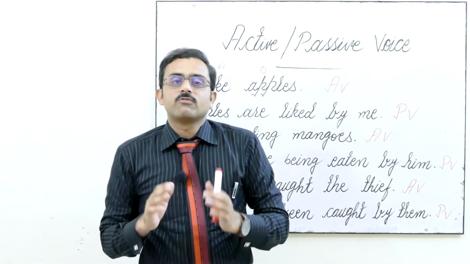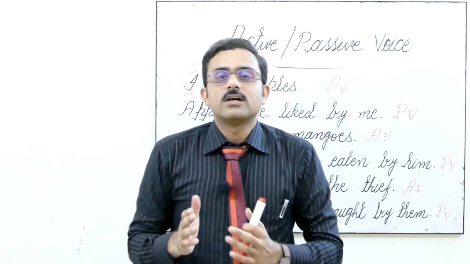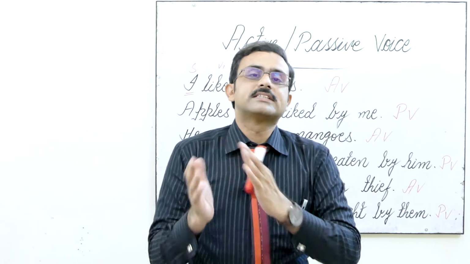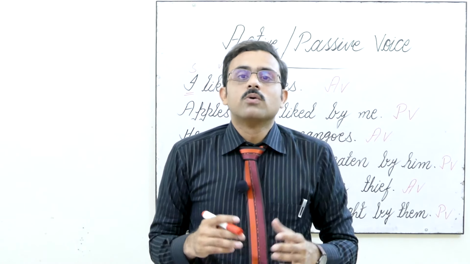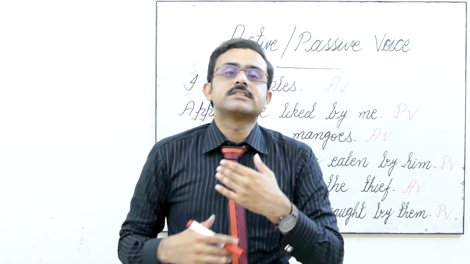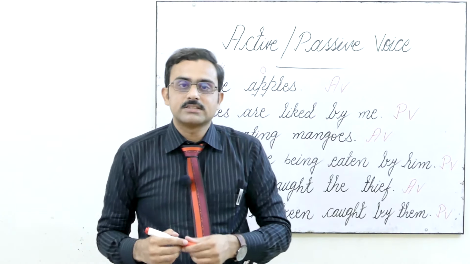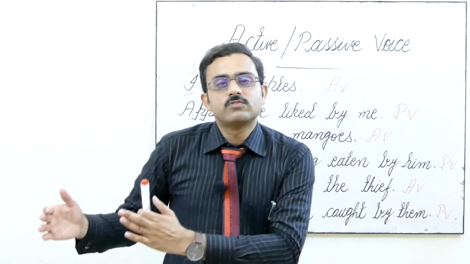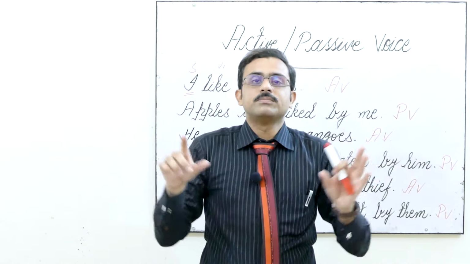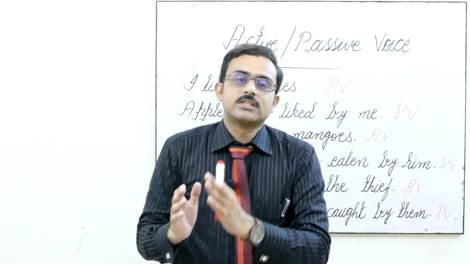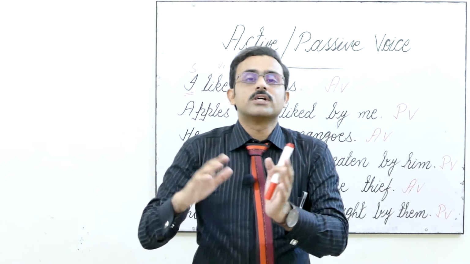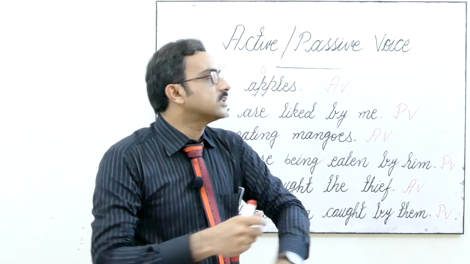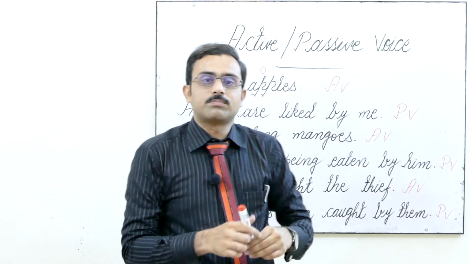Okay guys, first of all we did what? We discussed what is the difference between active voice and passive voice. What was the prominence, means the significance of active voice and passive voice. Then we further discussed the chart, means the personal pronouns, different cases of personal pronouns. Then we discussed the verb change. Now guys, look at the sentences of active and passive voice.